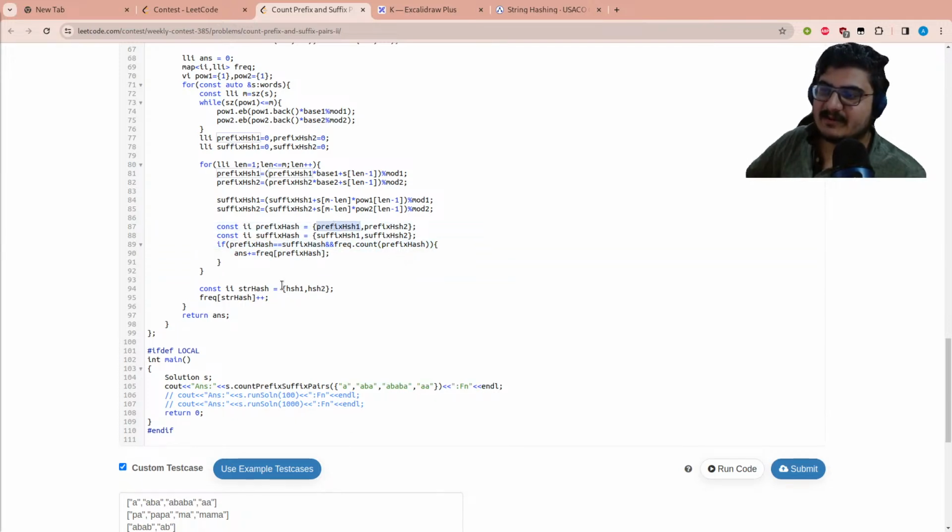When you iterated on the complete string, the prefix hash is essentially the hash of the complete string.